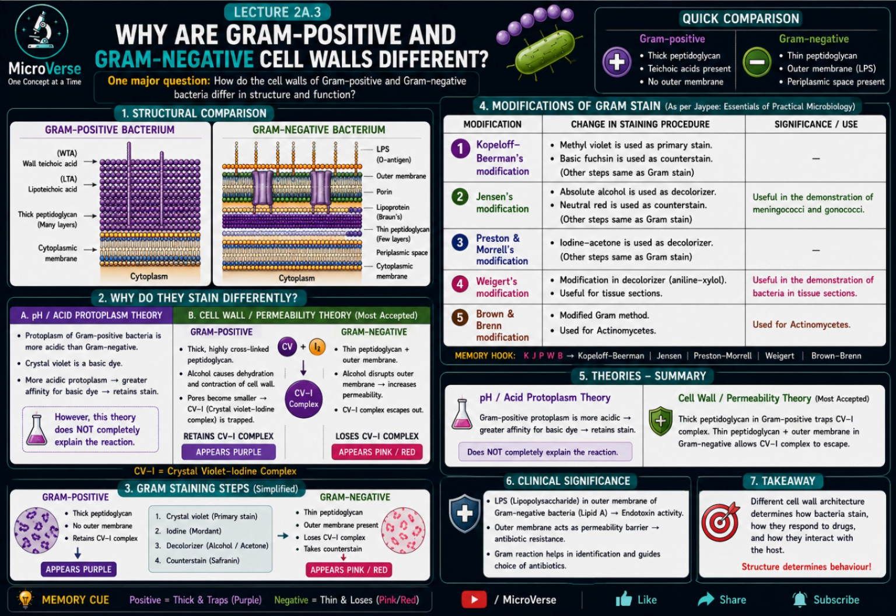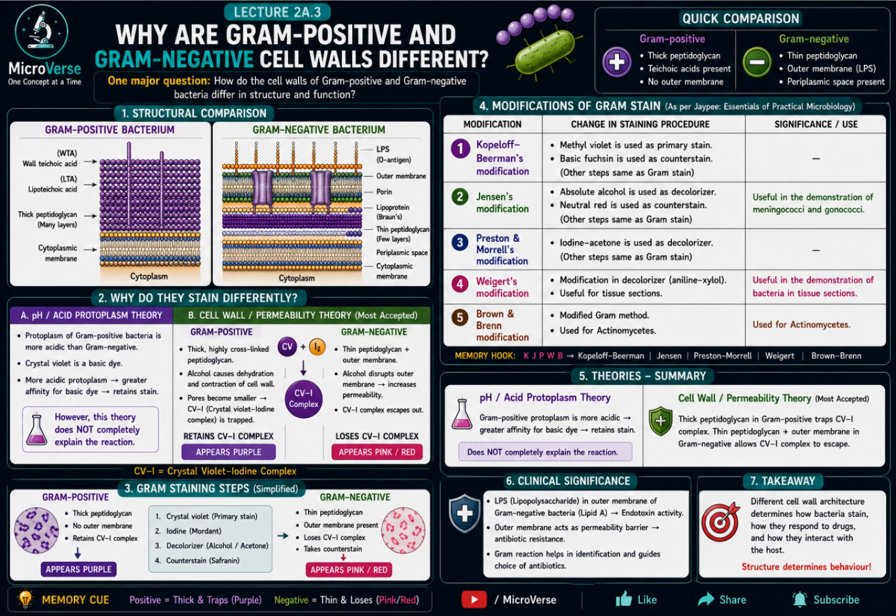Because crystal violet is a basic dye, the acidic cellular environment was proposed to have a greater affinity for the dye. So this idea was more acidic cytoplasm gives a greater affinity for basic dye and greater stain retention. However, this theory does not completely explain the Gram reaction.